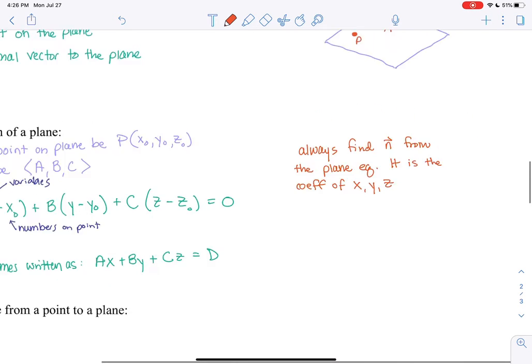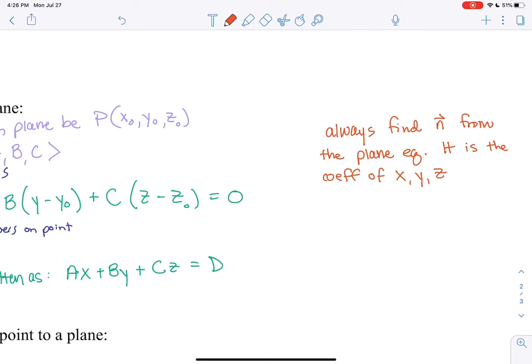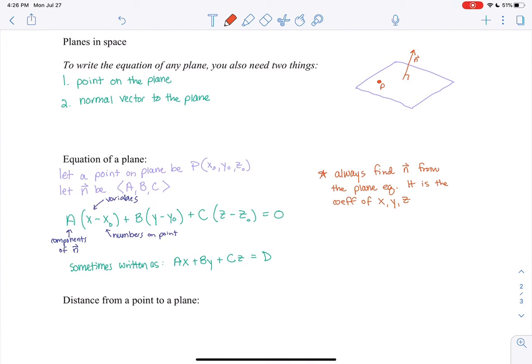So if you were just given a plane equation, maybe in this form, then these coefficients are the normal vector. It's a normal vector to the plane. Or if it was written in this form, then the coefficients of x, y, and z are still the normal vector to the plane. So it's really helpful to know that if you're just given a plane equation, you can always dissect what the normal vector was from those coefficients.